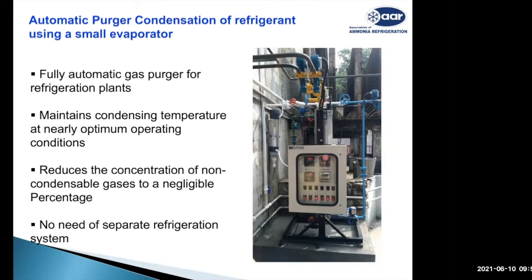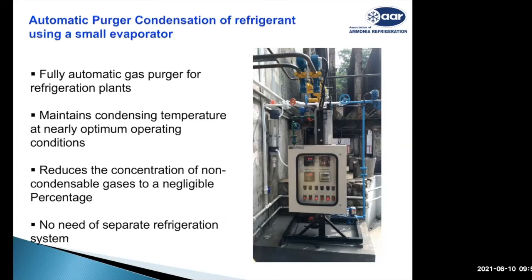If ammonia accumulates in this purge vessel, it is put back into the system, so there is no need of draining ammonia back. It is used as refrigerant liquid for cooling the purge vessel and is put back into the system through the suction side. It does not require any external refrigeration system, so there is no power requirement.